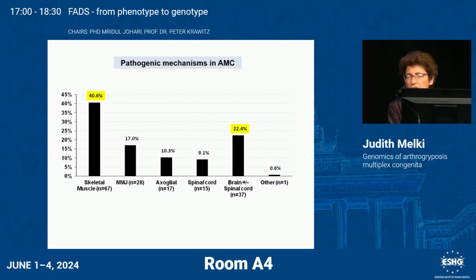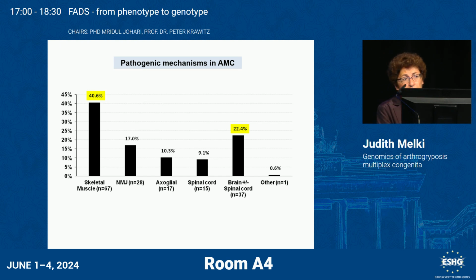In terms of pathogenic mechanism in AMC, skeletal muscle represents 40% of cases, and the second cause is brain, with or without spinal cord involvement, and it represents 22% of cases.